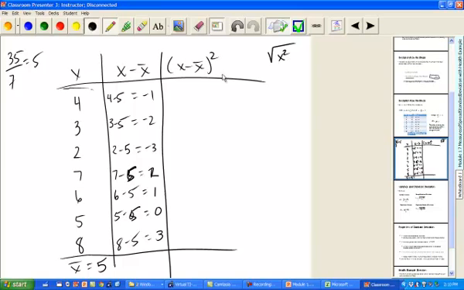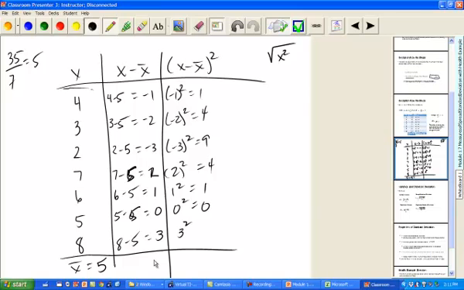So what we do is we take the squares of these numbers. So negative 1 squared. Negative 2 squared is 4. Remember, this is negative 2 times negative 2. Negative 3 squared, and so on. 1 squared, 0 squared, and 3 squared. Then we add these numbers up.